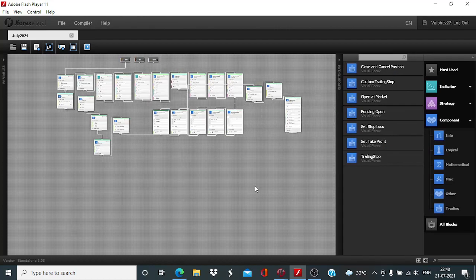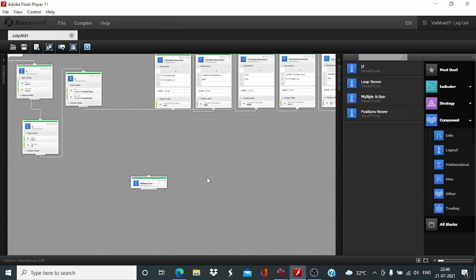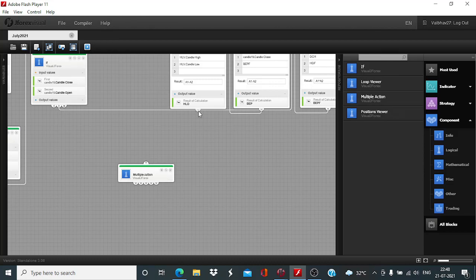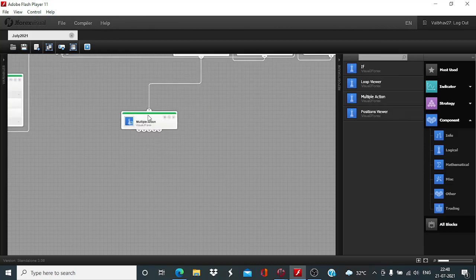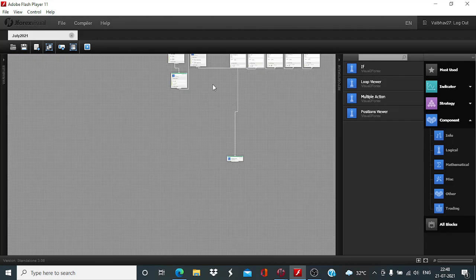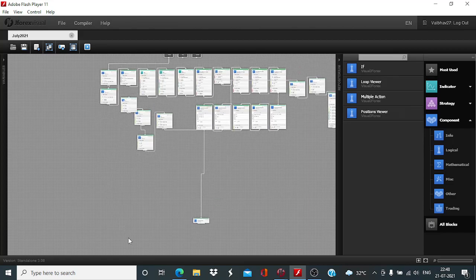For simplicity, I will first arrange these zip blocks after joining it to multiple action, and then we will define the input values for the trade command block. We'll leave some space as we will need to add further blocks while defining the sell side of the equation, the conditions for the execution of the sell trade, which we will do in the next session.